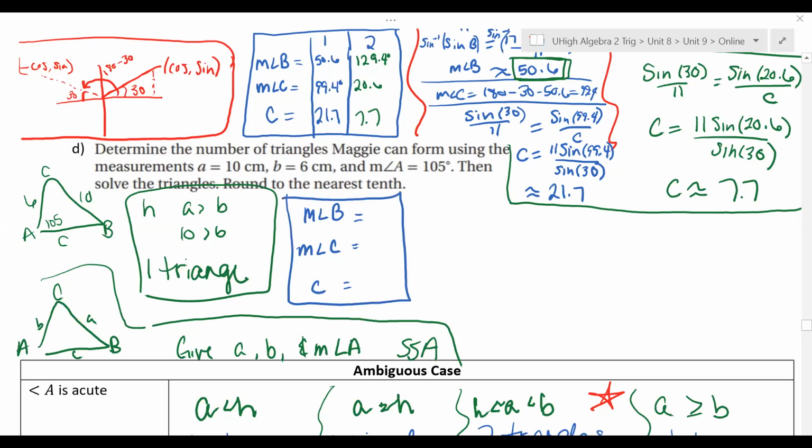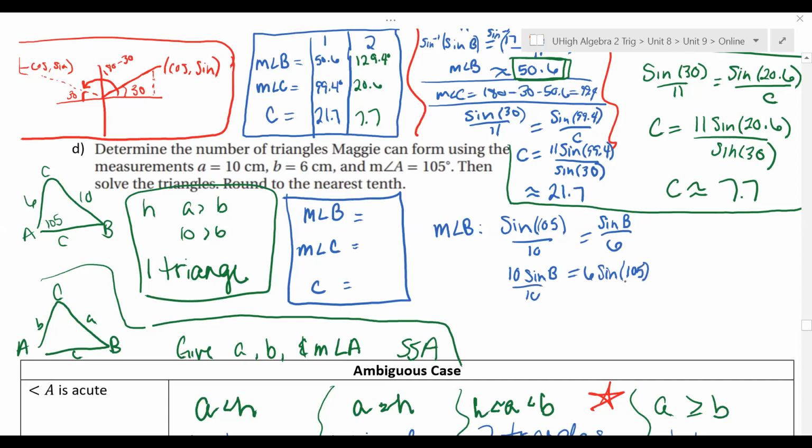So I can look at my law of sines to find the measure of angle B. The sine of angle A over side length a equals the sine of angle B over side length b. I'll do my cross products. So 10 times the sine of B equals 6 times the sine of 105.